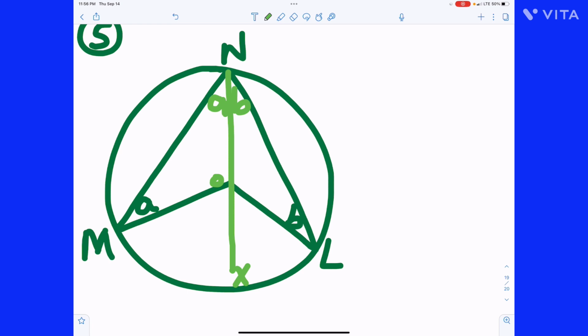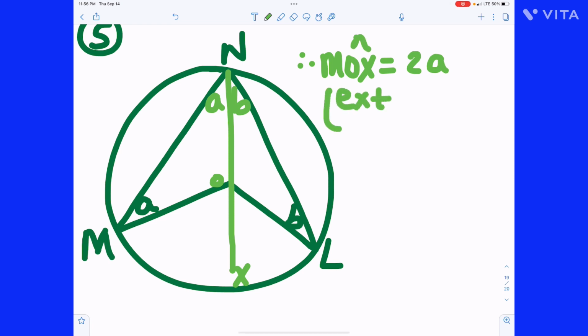That means MOX is equal to 2A. That's because it's an exterior angle of the triangle.